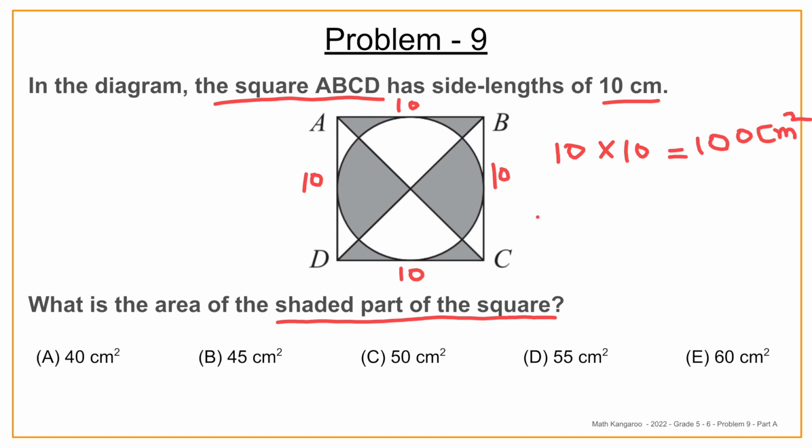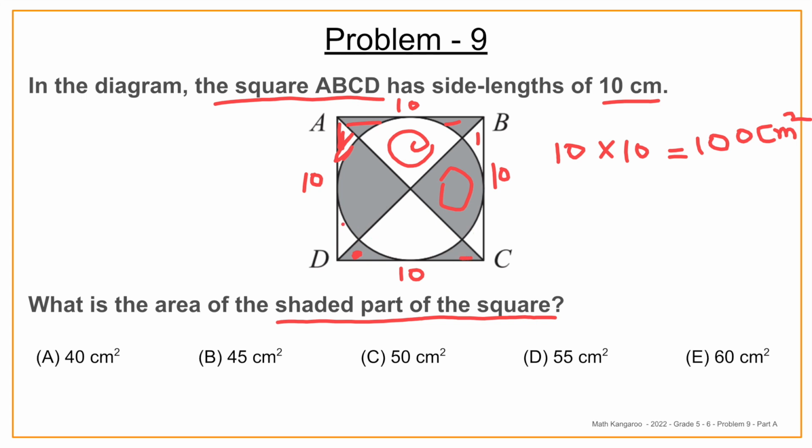Now we have the area of the entire square. Now if you observe this picture, would you agree with me that the area of this is the same as the area of this? Area of this is the same as this. And this area is completely the same as this. So can we reposition this and the corner to one place? So we move this area in here and fill it with gray.